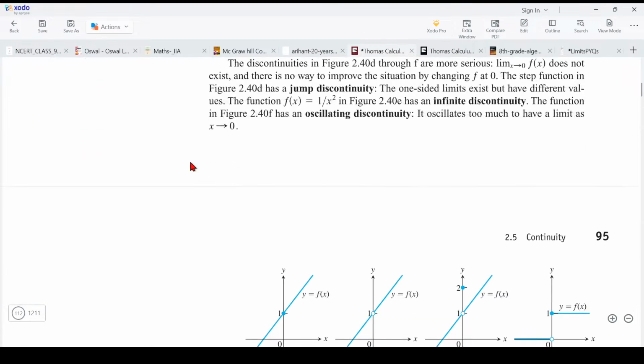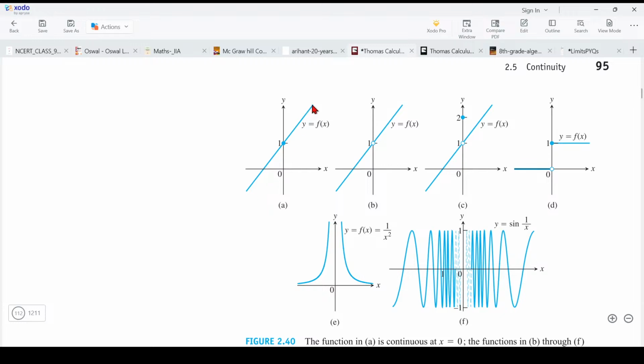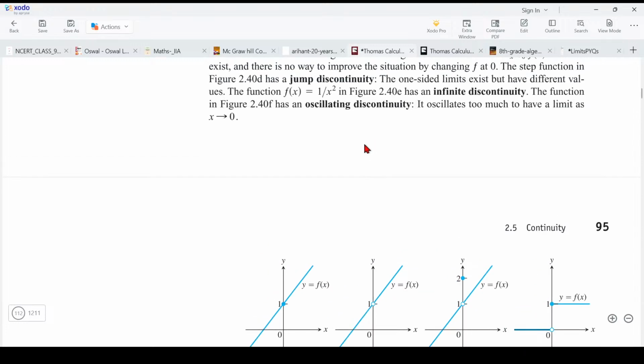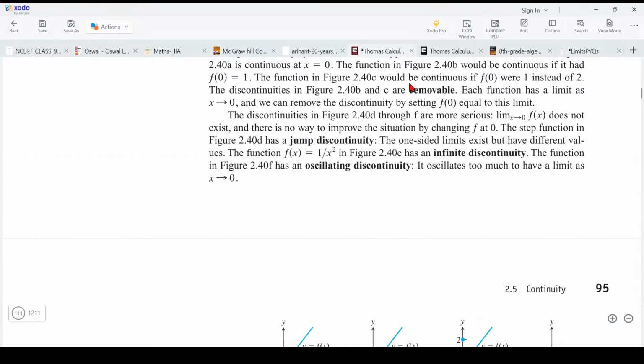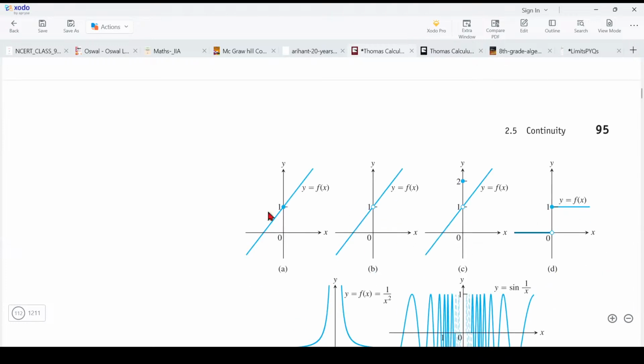Now, see, this one is continuous, discontinuous here, here, and here. When these discontinuities are because of holes, we call it removable discontinuity, because if you put that single number here, it will become continuous.